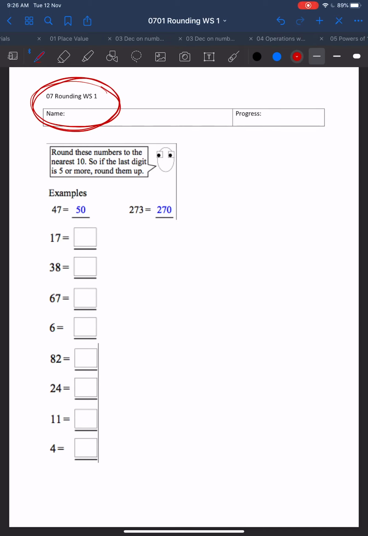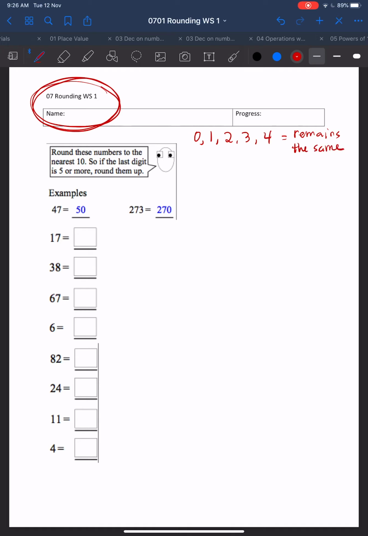Okay, so rounding basically, the most important rule you have to remember is the value of the next digit. If the next digit is 0, 1, 2, 3, or 4, then the digit before remains the same.